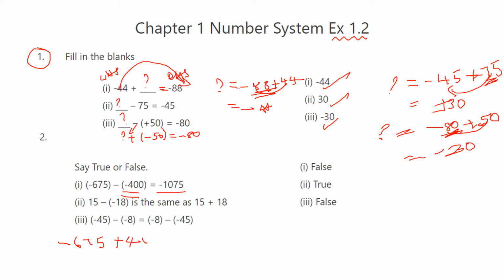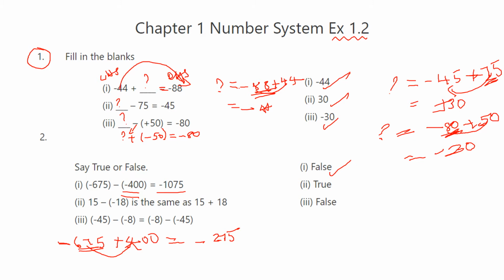Here 1 minus 1 plus means subtract the greater to smaller. 675 minus 400, 275 comes, and the greater number here is 675, that sign is minus, so minus 275 is the answer. But given minus 1075, so false.